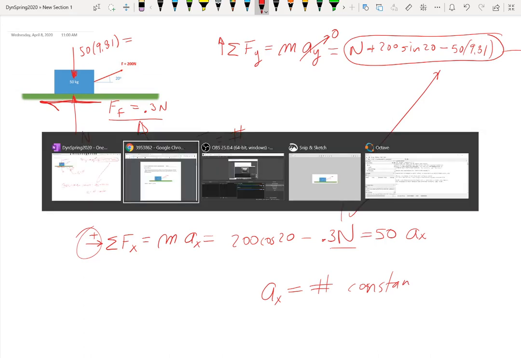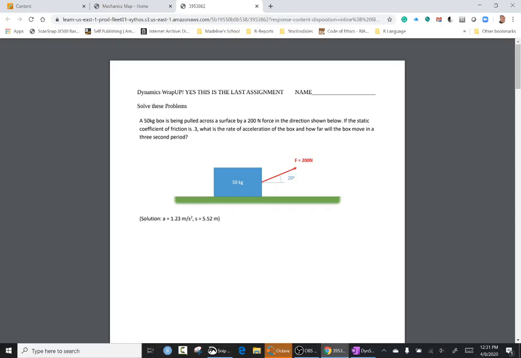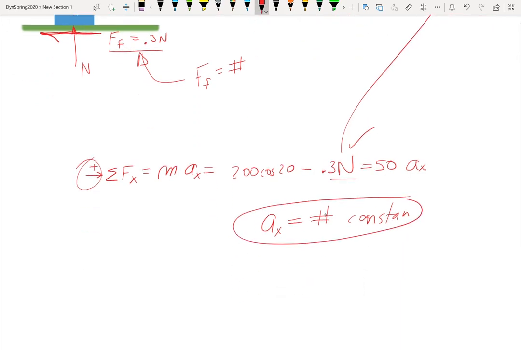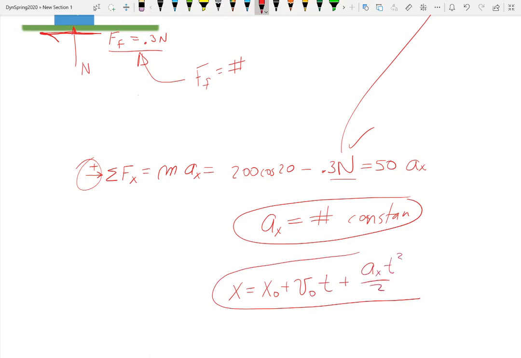And, like the problem stated, what is the rate of acceleration and how far did the box move in 3 seconds? So I get a number here, and if I'm looking at the constant acceleration terms, I get this.